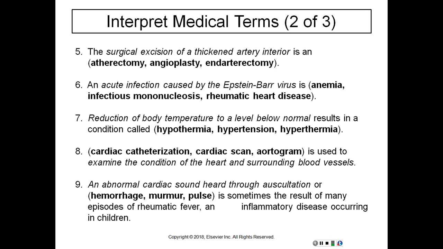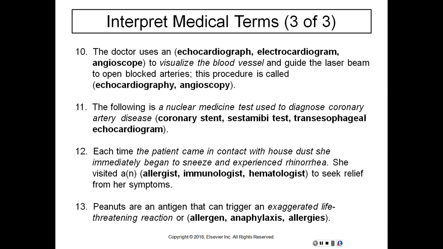Number 9, an abnormal cardiac sound heard through auscultation or blank is sometimes a result of many episodes of rheumatic fever and inflammatory disease occurring in children. And that's going to be a murmur. If it's heard, abnormal cardiac sound is a murmur. Number 10, the doctor uses what to visualize the blood vessel and guide the laser beam to open blocked arteries, and this procedure is called a what.